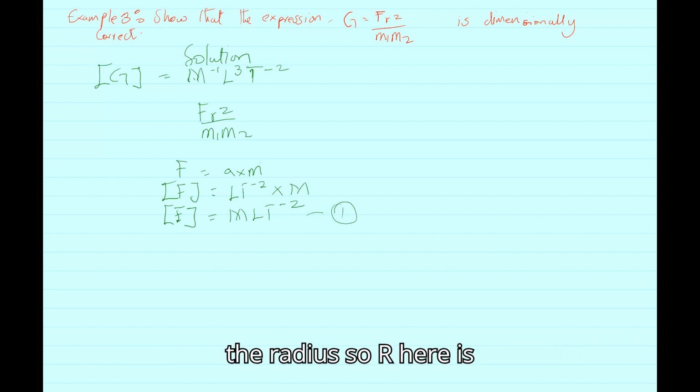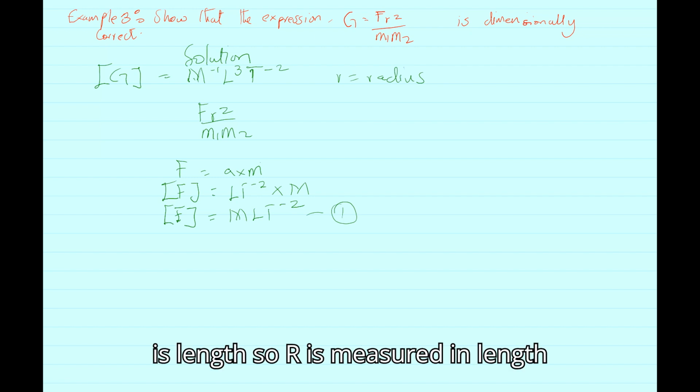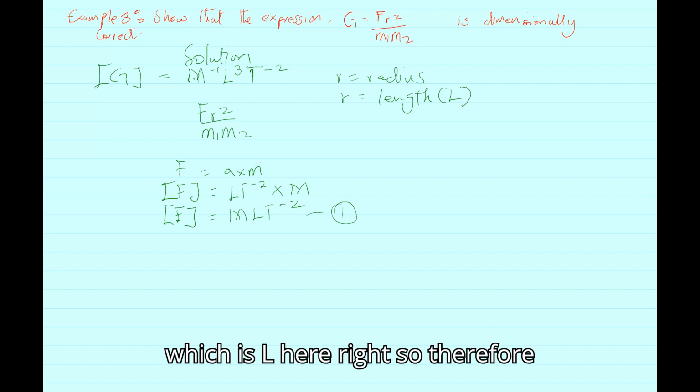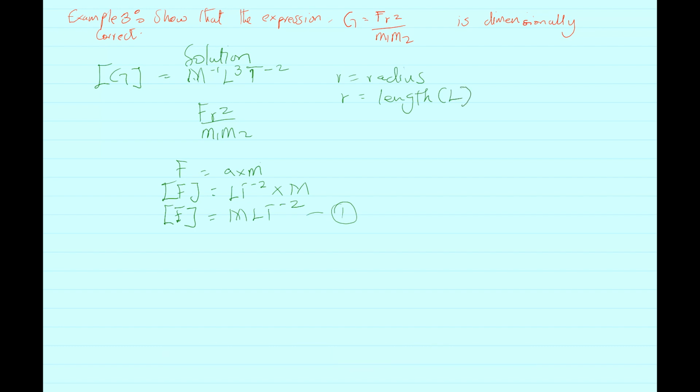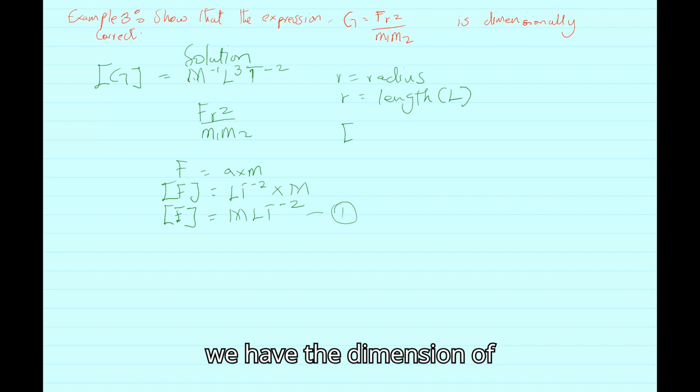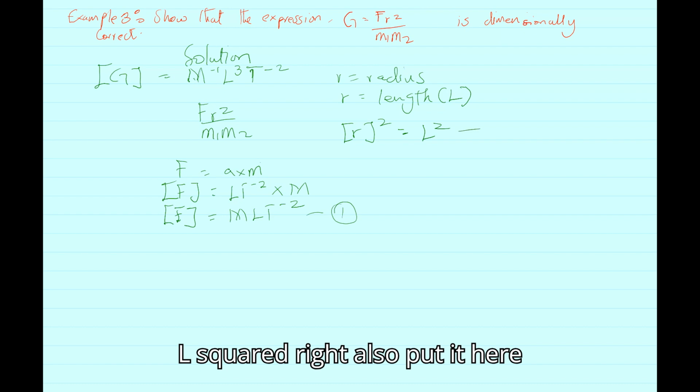So r here is radius, and r is a distance, which is length. So r is measured in length, which is L, right? Therefore, we have the dimension of r squared to be L squared. We'll put it here as 2.